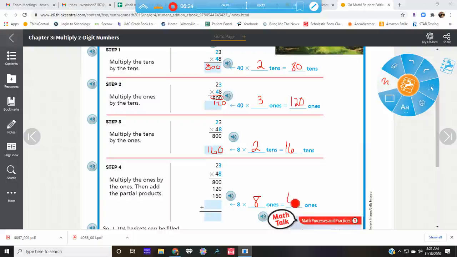It's 64. Alright, so we need to write our 64 in here. Now we're on to our adding problem. 0 plus 0 plus 0 plus 4 is 4. 2 plus 6 is 8 plus 6 is 14. And I'm going to bring my extra one up here. So now I have 8, 9, 10, 11.